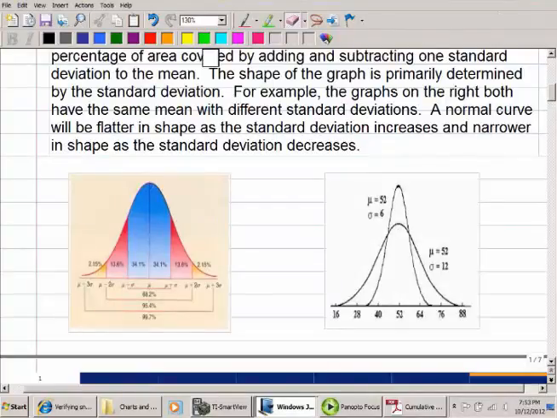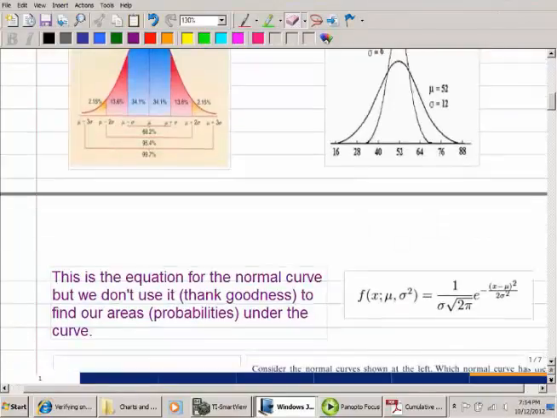In contrast, a larger standard deviation will make a graph more spread out and flatter because more data values will be farther away from the mean. But either way, both those graphs in this picture on the right would have a total area of 1 unit if you smash them into 1 square unit.